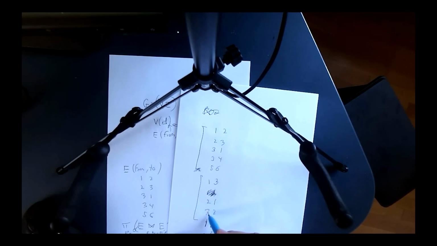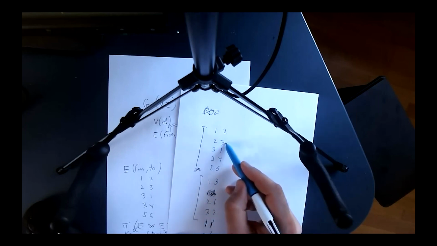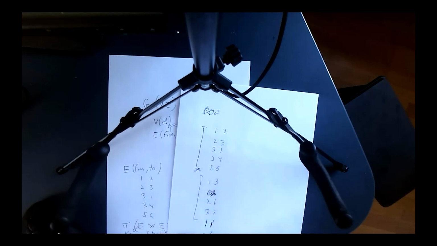And if 3 can go to 2 and 2 can go to 3, 3 can go to 3. And if 1 can go to 3 and 3 can go to 4, then 1 can go to 4. If 2 can go to 3 and 3 can go to 4, then 2 can go to 4.